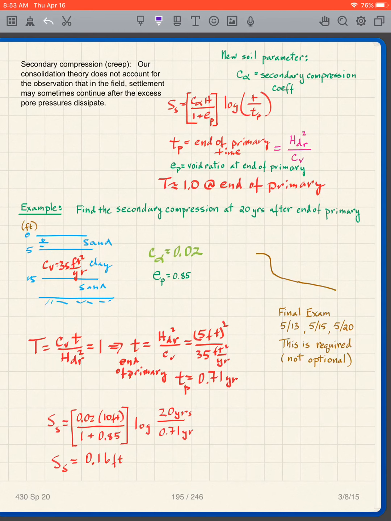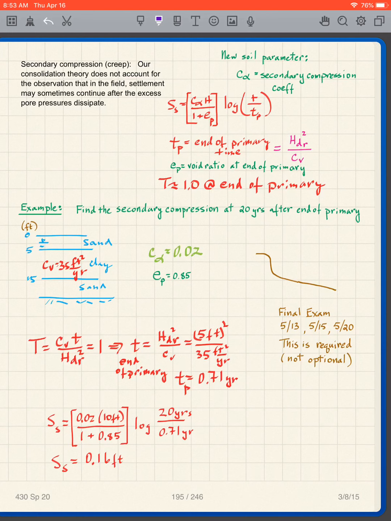Okay, what do we do? Well, we have to find t at the end of primary. I'm going to use my expression H sub DR squared over C sub v. And when I plug in those values, I get time at the end of primary is 0.71 years.